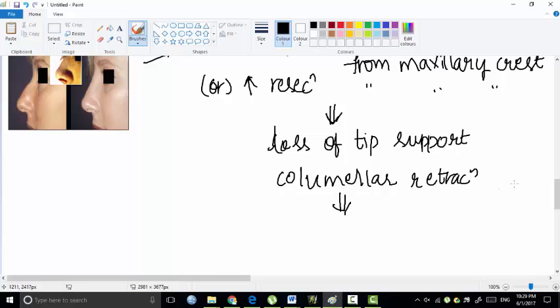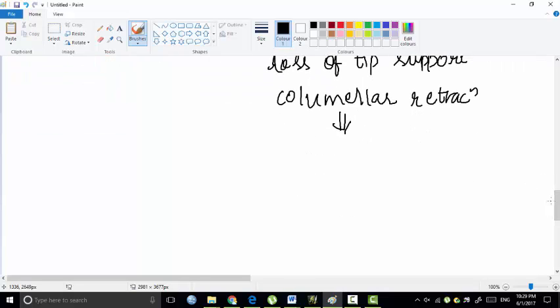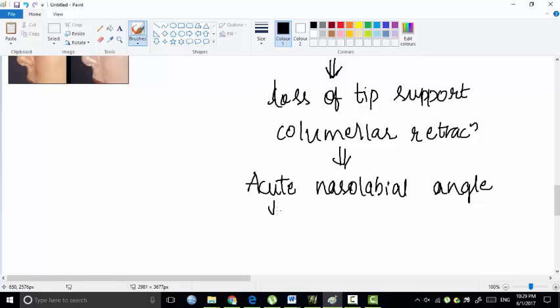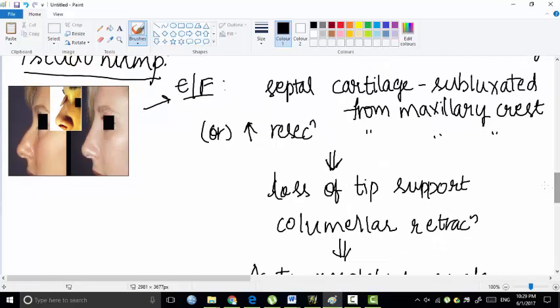This leads to acute nasolabial angle and decreased nasal height. Even this has no symptoms, it's just a cosmetic abnormality.